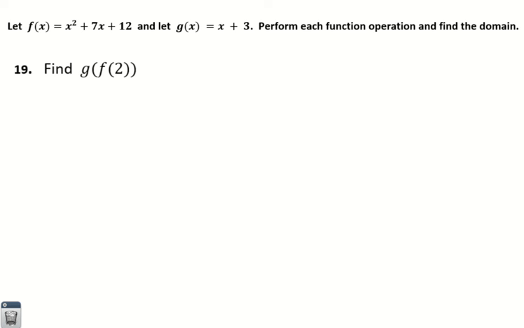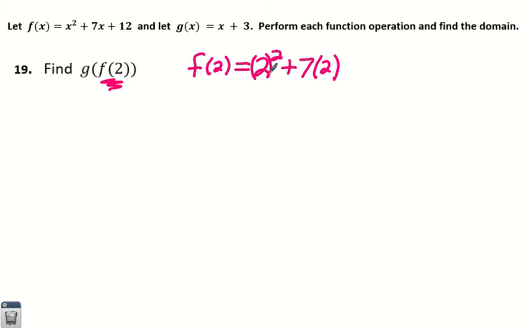Okay, now look, this is g of f of 2. So first, here's what we're going to do. We're going to find f of 2. So off on the side here, f of 2 equals 2 squared plus 7 times 2, plus 12.